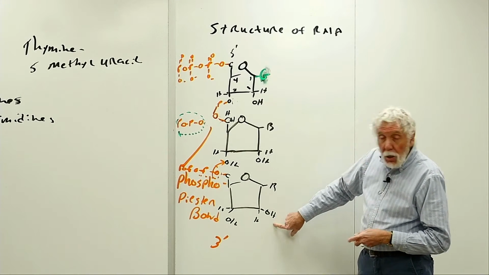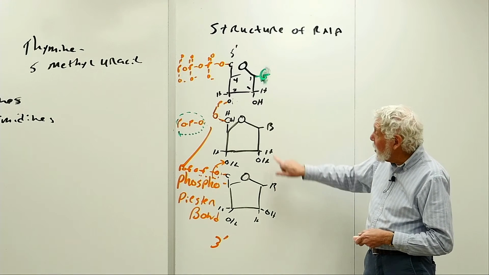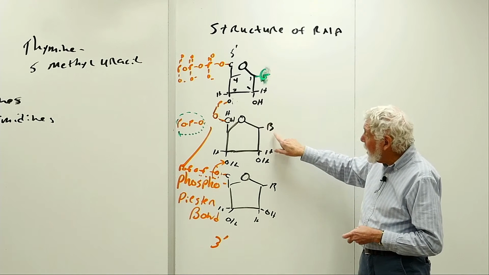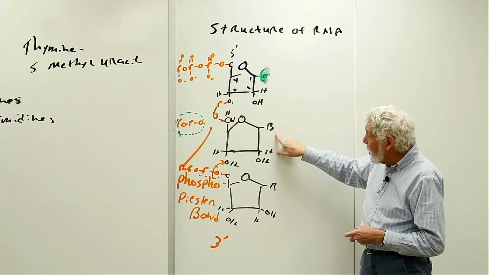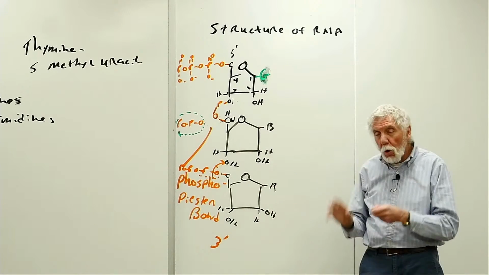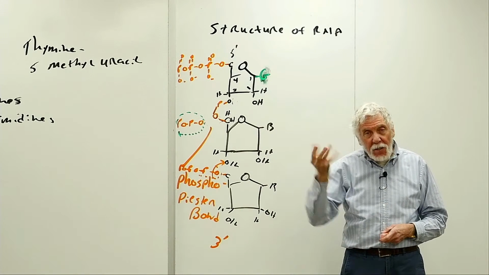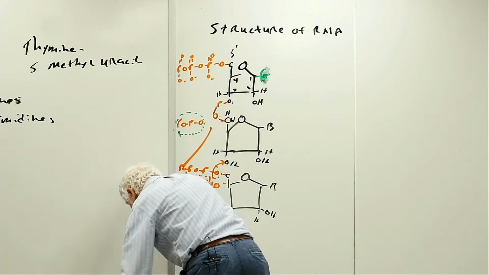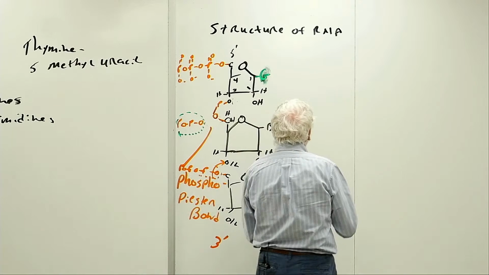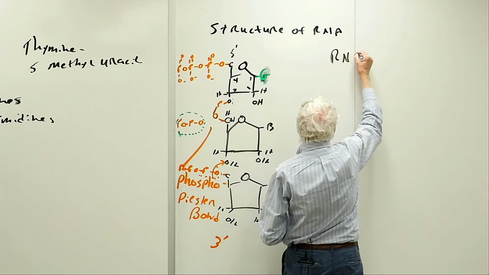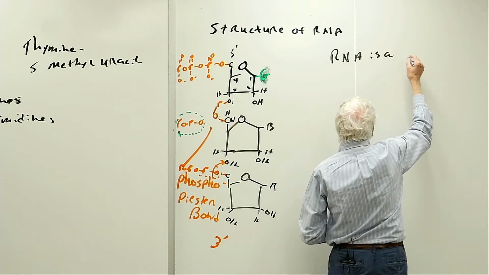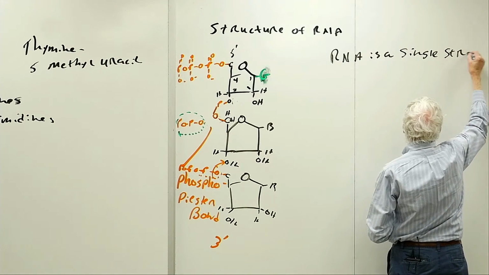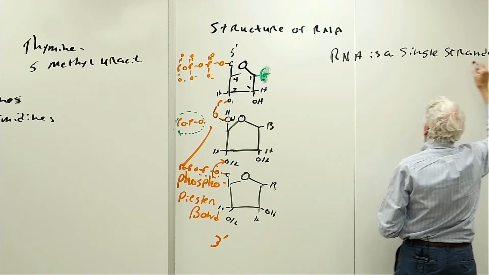Because of this hydroxyl group, and probably because of the variations in the uracil versus thymine out here on the base, we can't form this molecule into that regular repeating pattern of the double helix. Instead, we say that RNA is a single-stranded molecule.